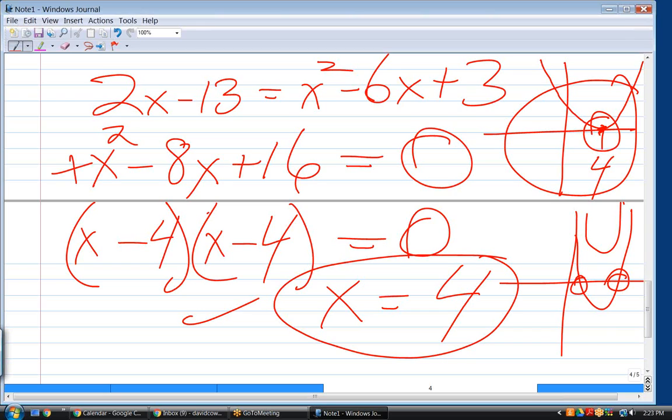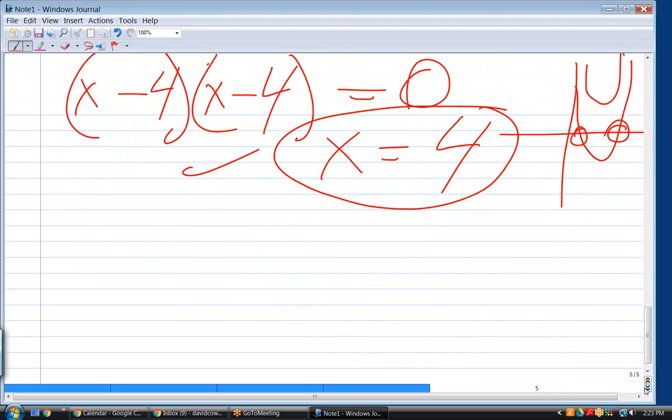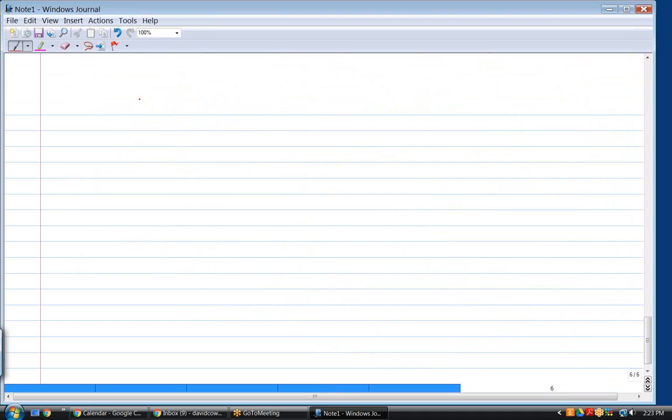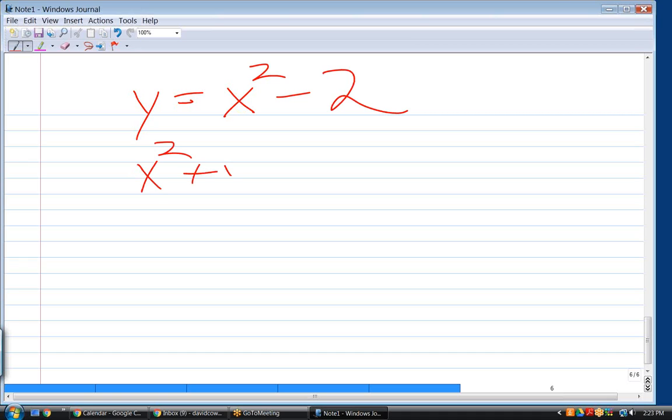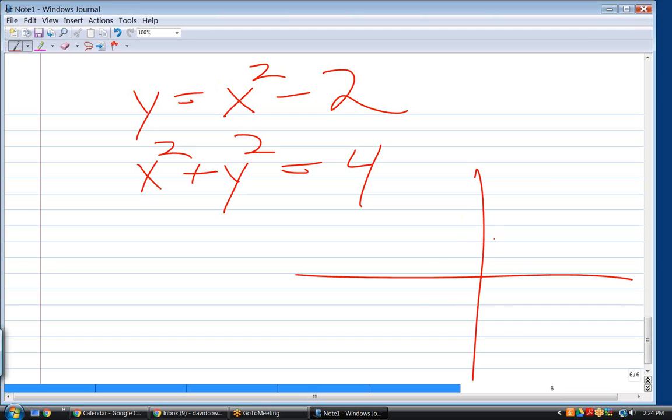We also had ones where it was like a circle and a parabola. Okay? What are the two equations? y equals x squared minus 2, and x squared plus y squared equals 4. Okay, there's the circle. And there's the parabola. Let's draw the circle.